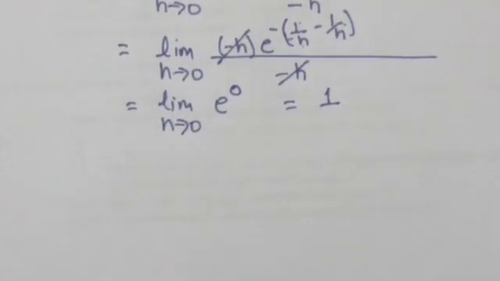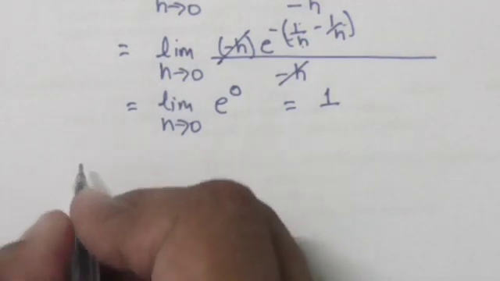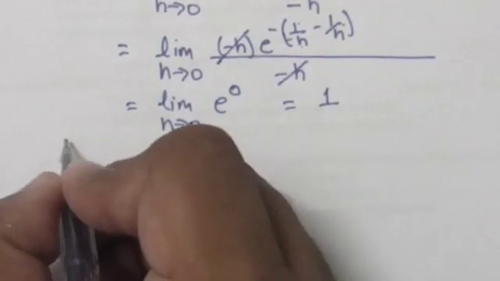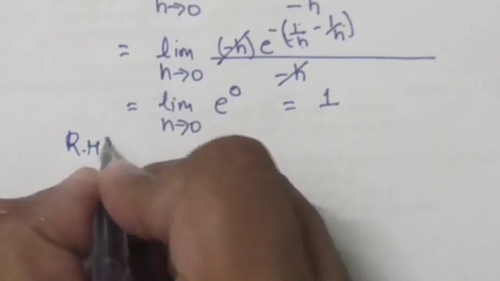Similarly, I will find right hand derivative, right? So left hand derivative is 1. What would be the right hand derivative?